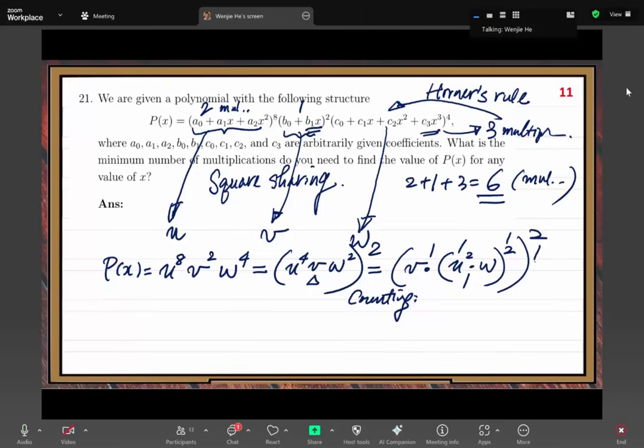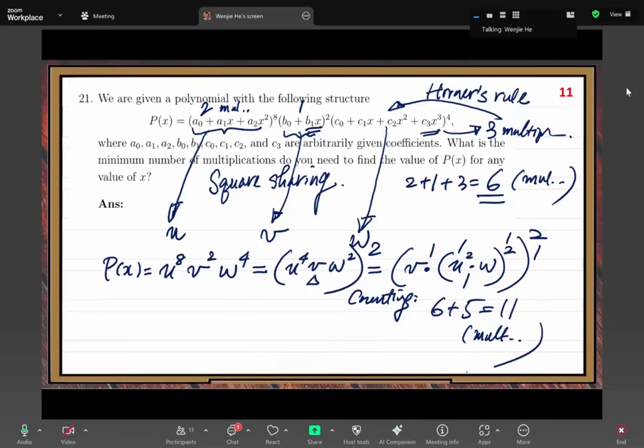Right? So the answer is 6 plus 5 equals 11 multiplications. That's the way we do the square sharing.